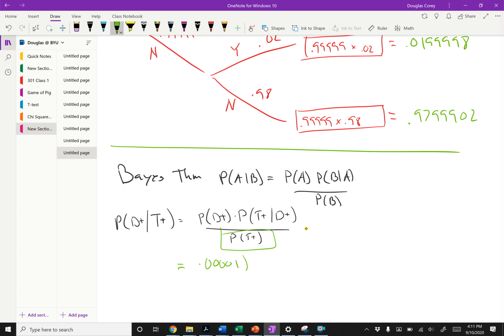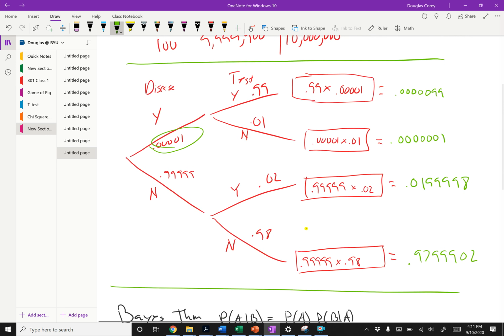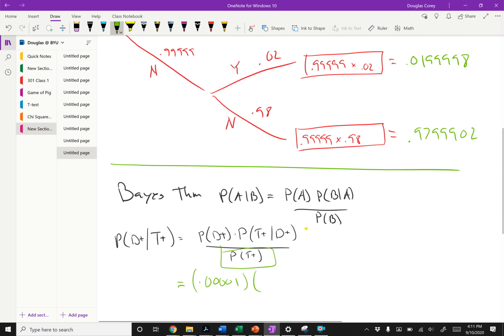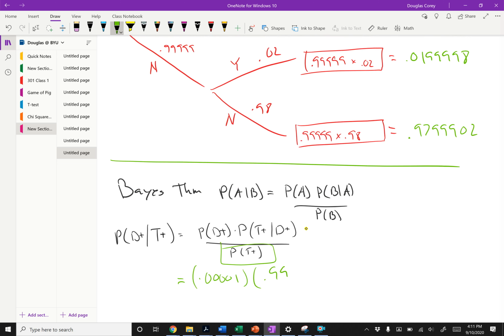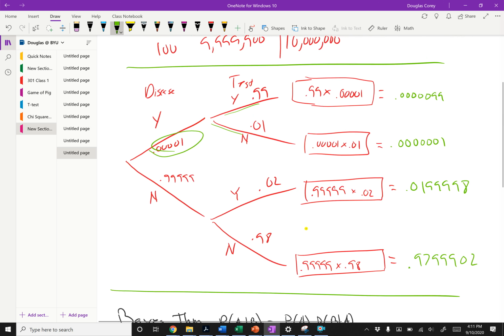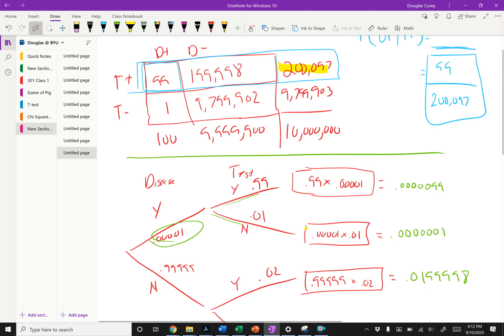The probability that you test positive given that you have the disease is 0.99. Now the probability of testing positive, this one we don't have directly off of the tree, so we have to do one quick calculation.